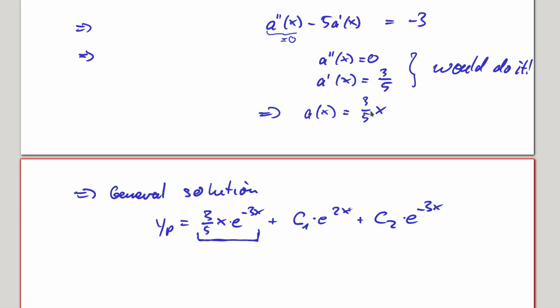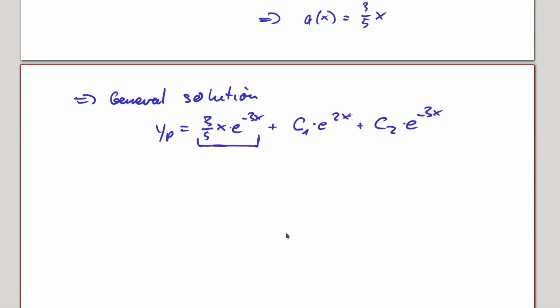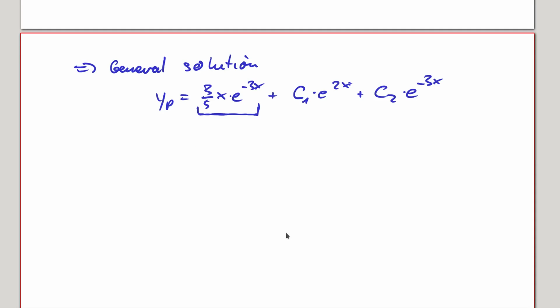A of x must be 3 over 5 times x. So this is the particular solution that helps us to find the general solution of the differential equation, which is inhomogeneous.